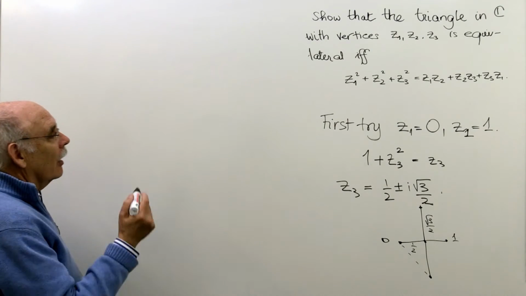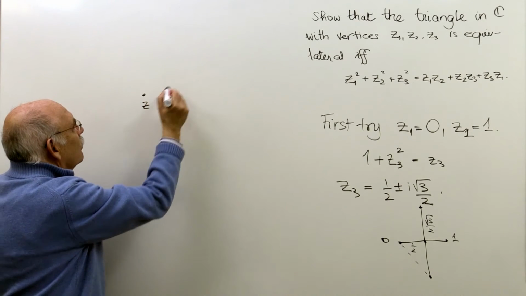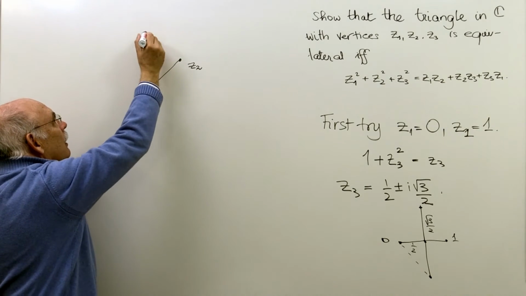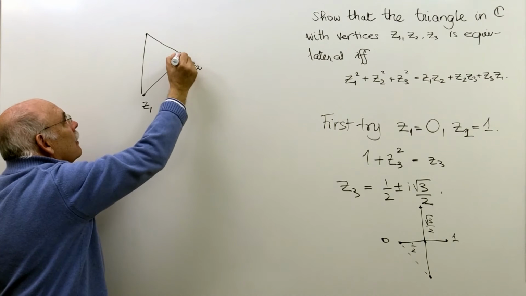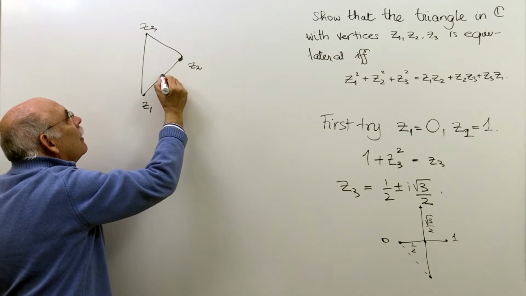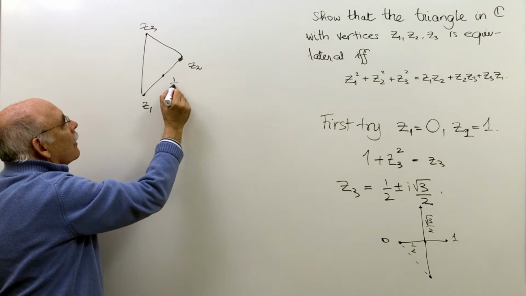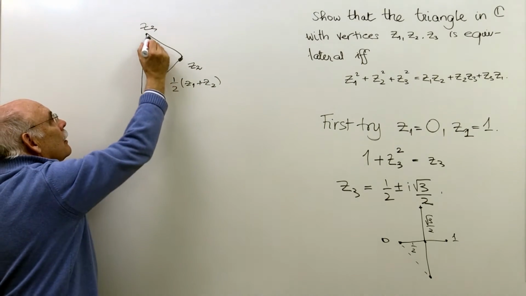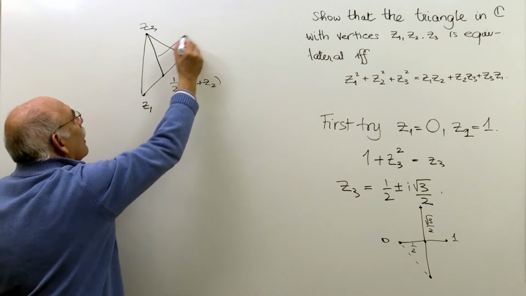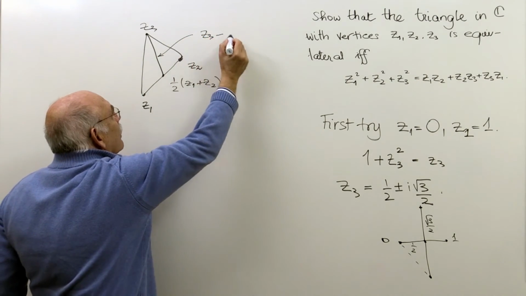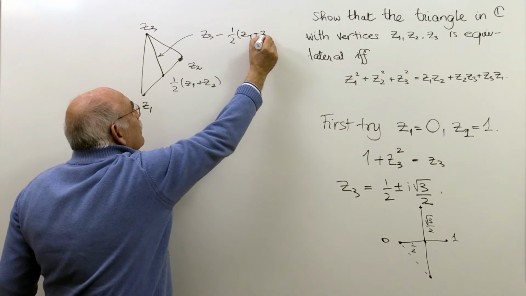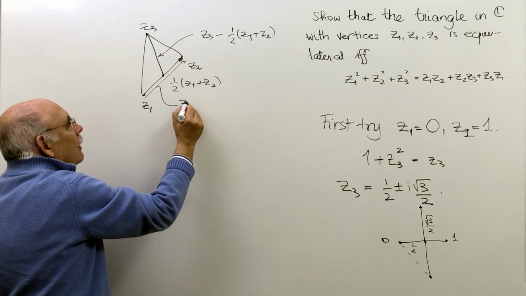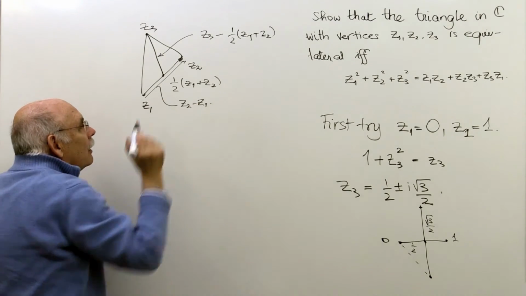So what I'm going to do is observe that if I've got z1 and z2, and up here I've got z3, then the median of this triangle, which joins the midpoint of this side to this vertex, is represented by the complex number z3 minus 1/2 (z1 plus z2), while this side of the triangle is represented by z2 minus z1.